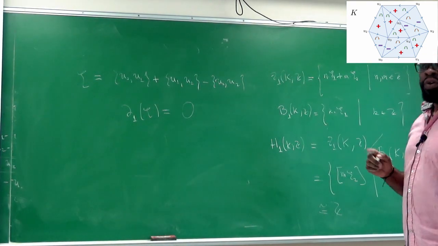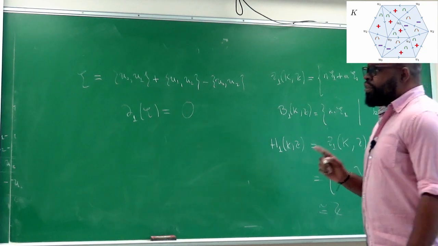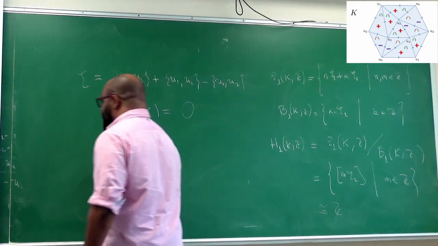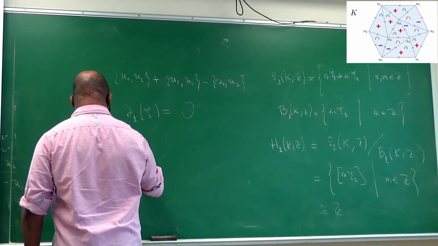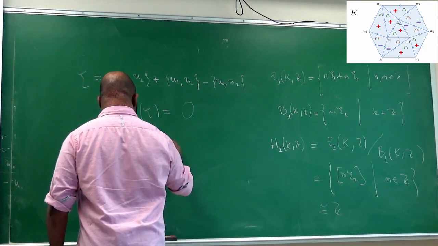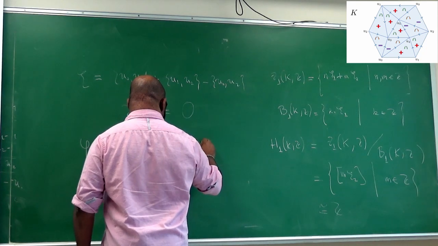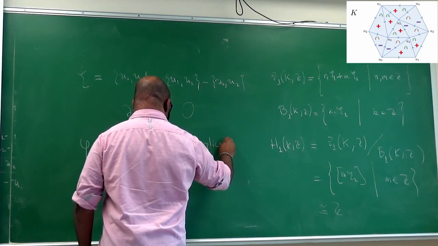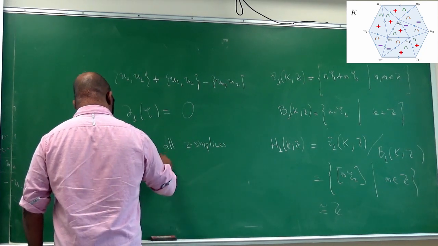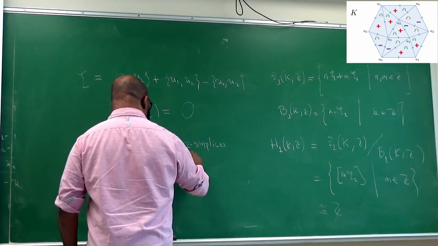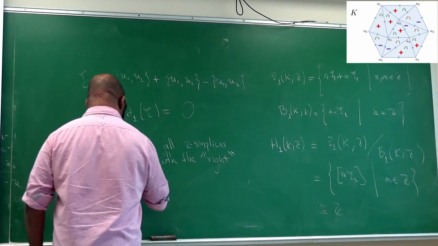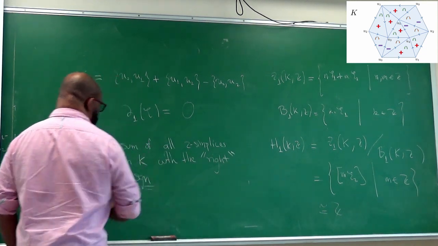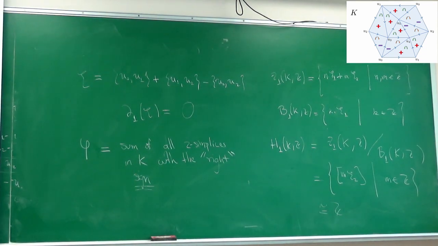I'm going to take another chain, which I'm going to call phi, and it's going to be the sum of all two-simplices in K with the right sign. And what is the right sign?